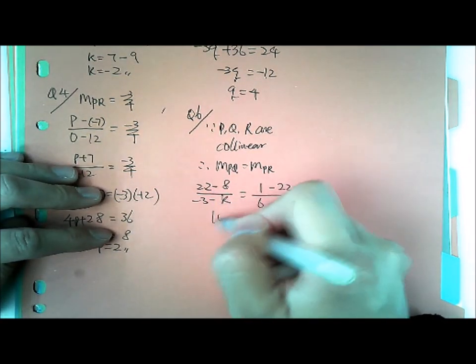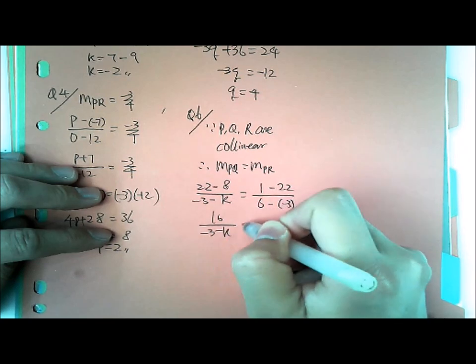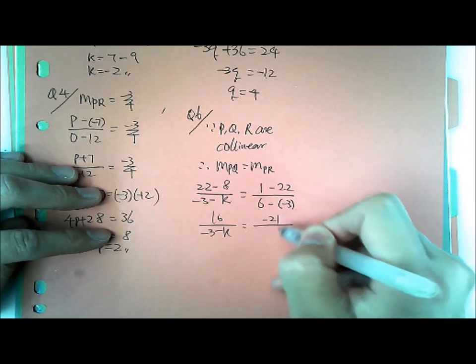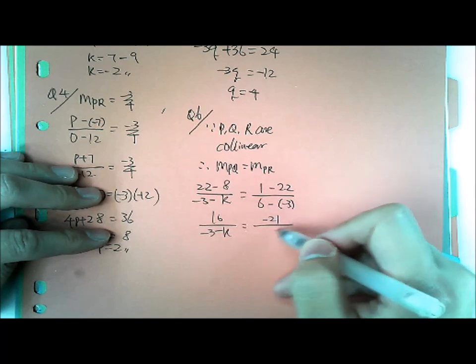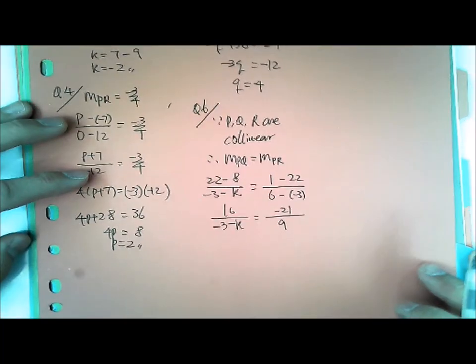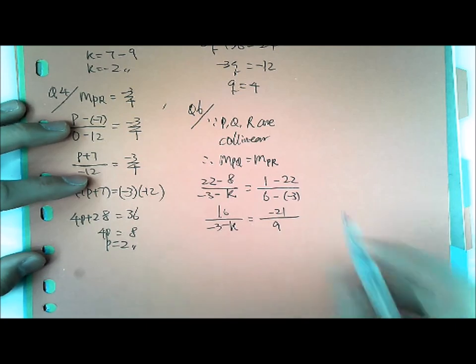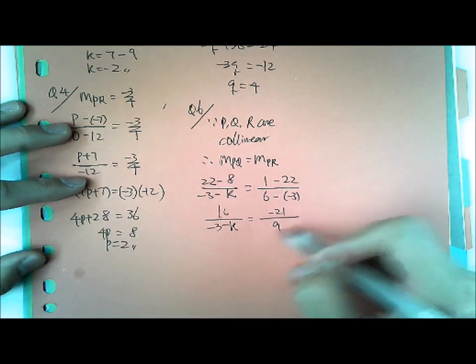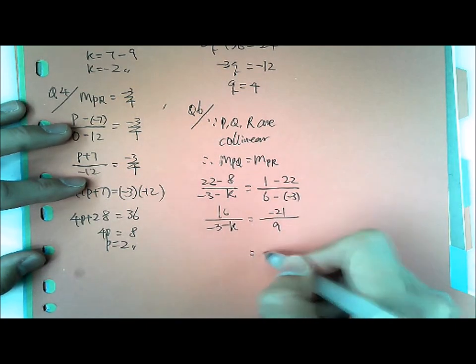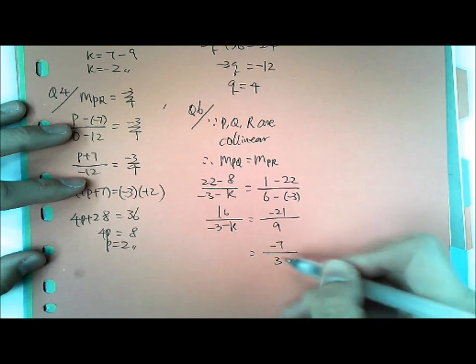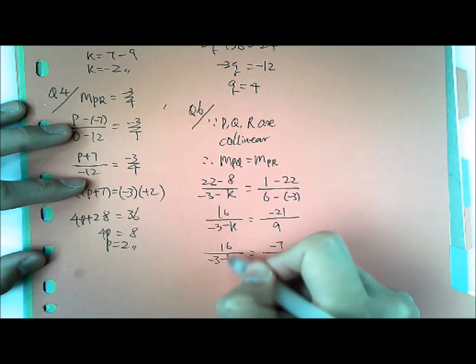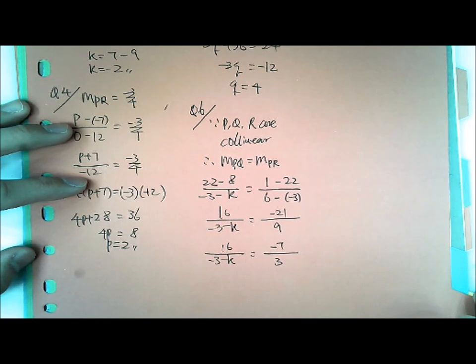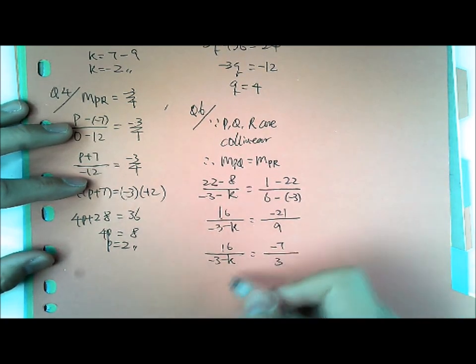This is 16 minus 3 minus K, and then this is minus 21, and this is a 9. Actually, I think you can do some simplification of this. Use a 3 to cancel out some factors, understand? And then now you can do the cross.